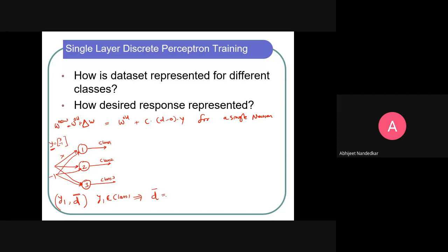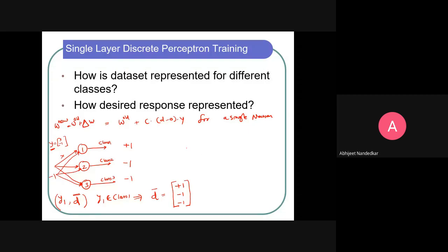Now see carefully, I am saying corresponding desired vector, not desired response or number. It's a vector. Suppose y1 belongs to class 1, I want +1 here since this belongs to class 1, and for the remaining I want -1. So +1 -1 -1. So this will be the desired response for the input which belongs to class 1.